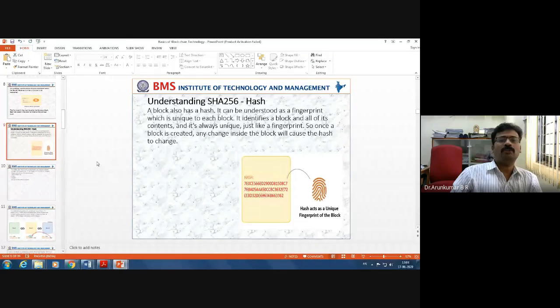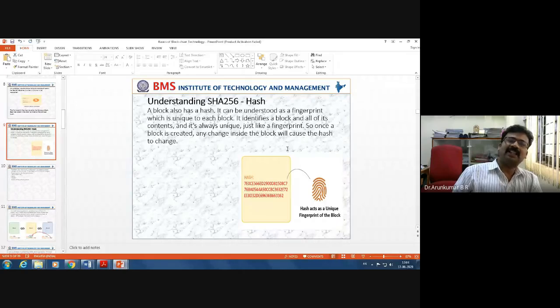Just now we checked it on the mobilefish website, right? So a block also has a hash. It can be understood as a fingerprint which is unique to each block. It identifies a block and all of its contents, and it is always unique, just like a fingerprint.